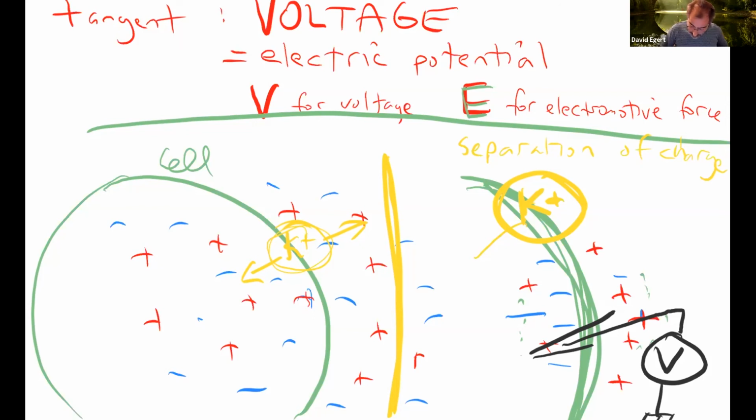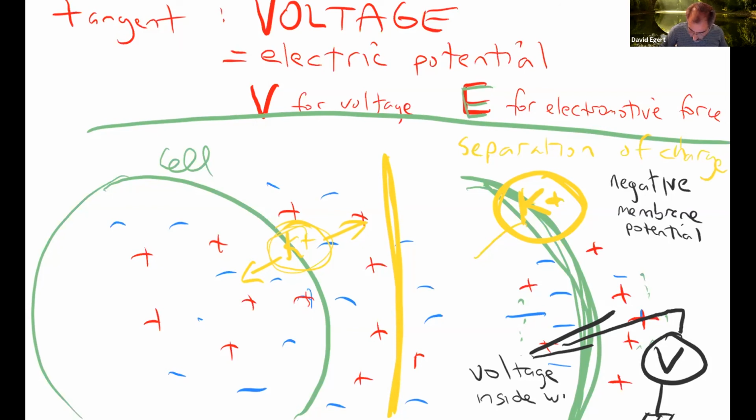So here we're going to have what would be a negative voltage, a negative membrane potential. The voltage of the membrane is always going to be inside with respect to the outside.